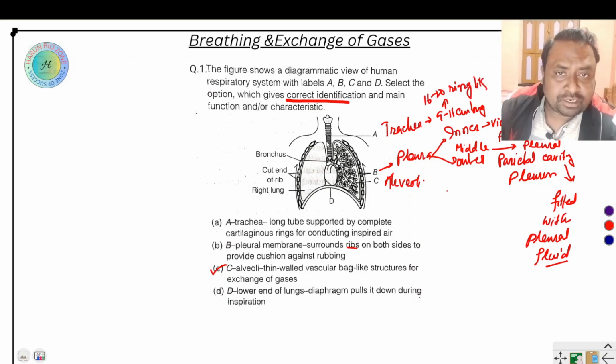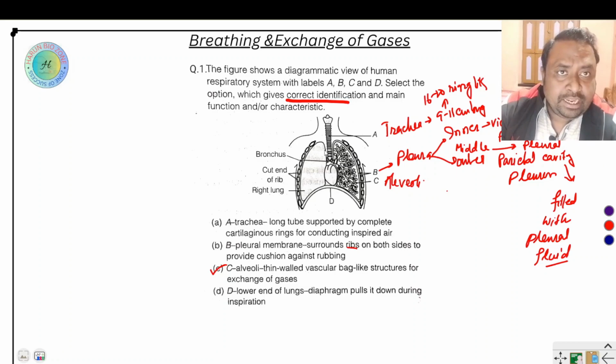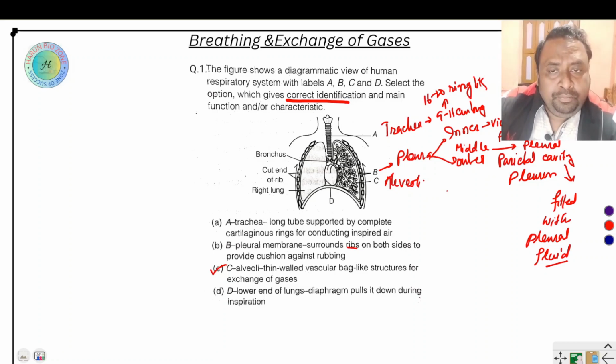What is the function of the trachea? It is covered by pseudo-stratified epithelium tissue that secretes mucus. So the trachea transports oxygen and also removes bacteria and dust particles from the lungs due to the presence of mucus.